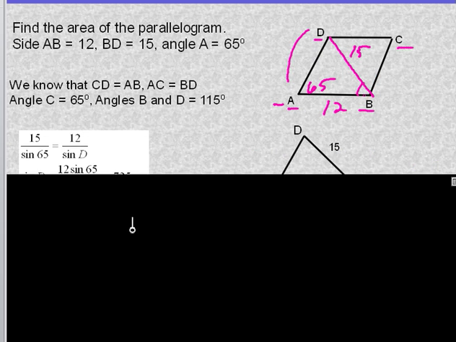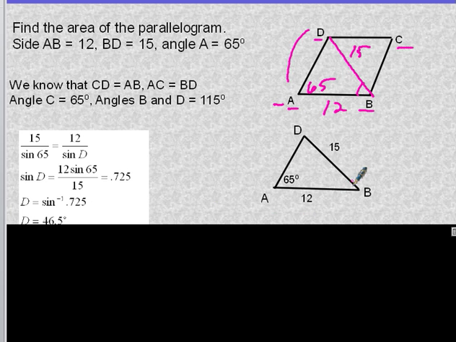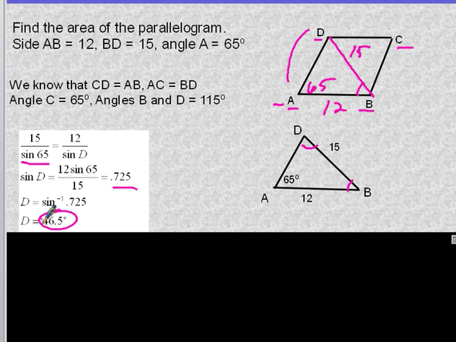So what I've chosen to do is use law of sines to find angle B. But first, since the side that I have is across from angle D, I'm going to use law of sines to find angle D, and then triangle sum theorem to find our angle B. So 15 over the sine of 65, so this is A, over 12 times the sine of D, equals 12 over the sine of D. Cross multiply and divide. We get the sine of D is 0.725. That means the inverse sine of 0.725 is D, which is 46.5.